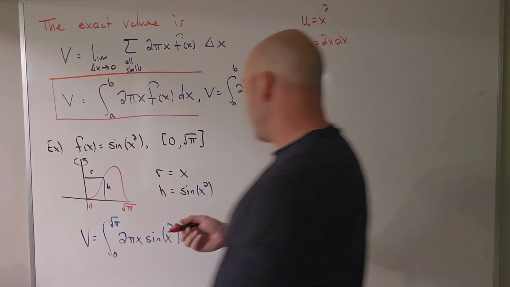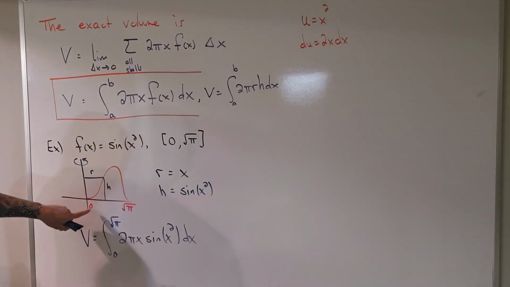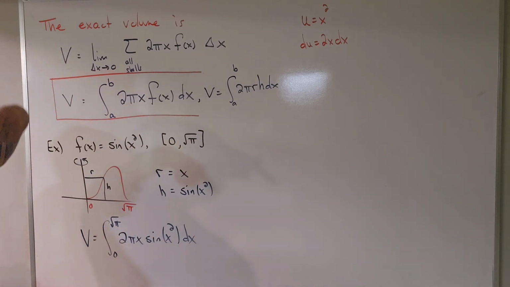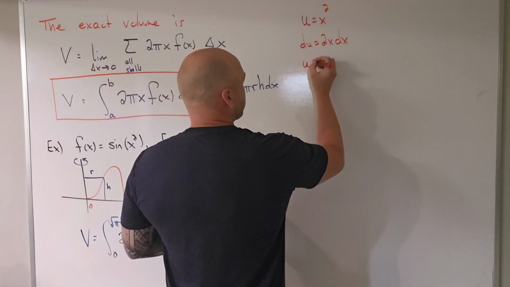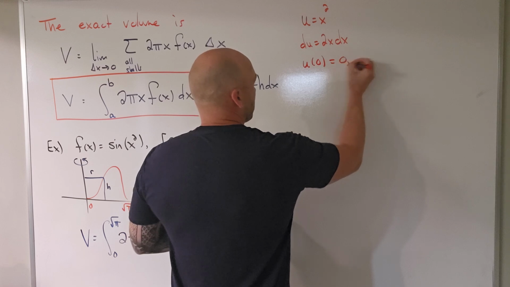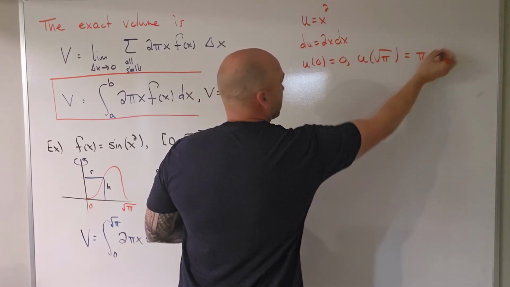And then since this is, of course, a definite integral, we have to change our limits of integration from 0 to the square root of pi, which is on the x-axis, to something on the u-axis. So u of 0 is 0, and u of the square root of pi is pi.